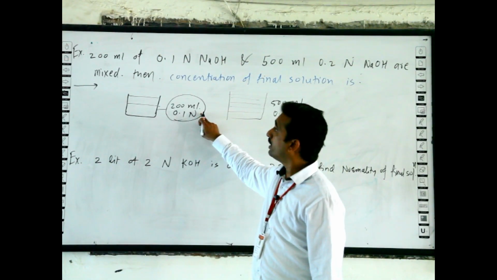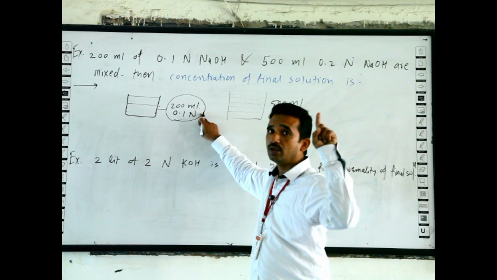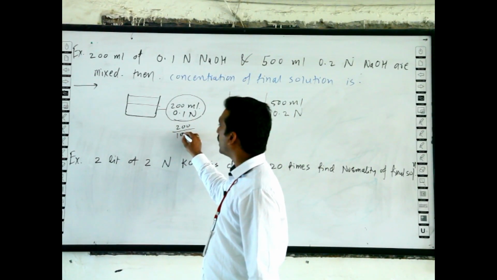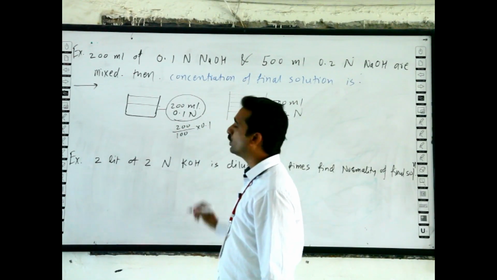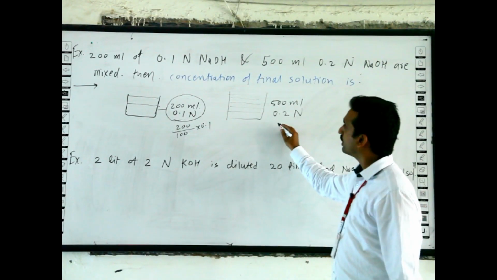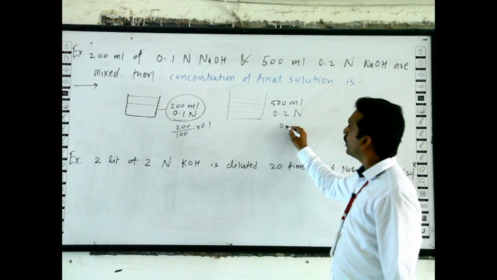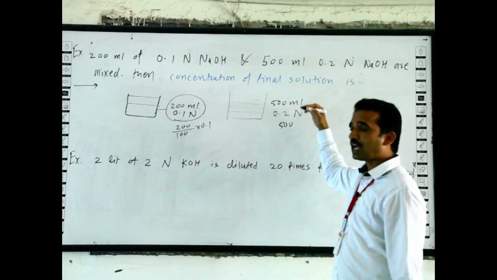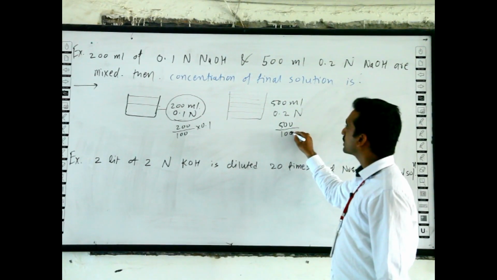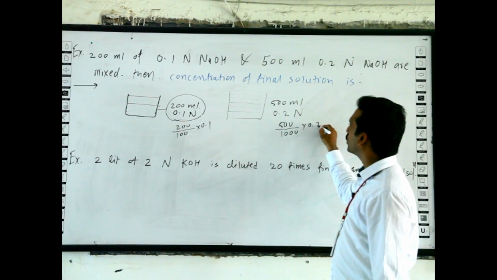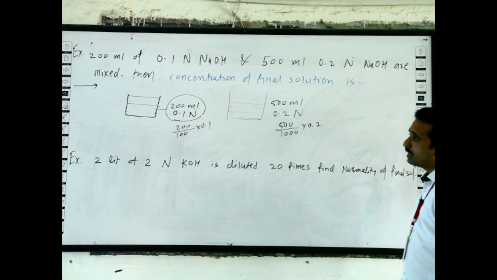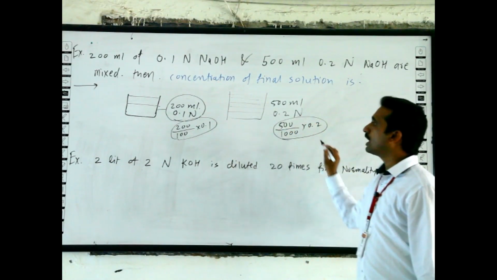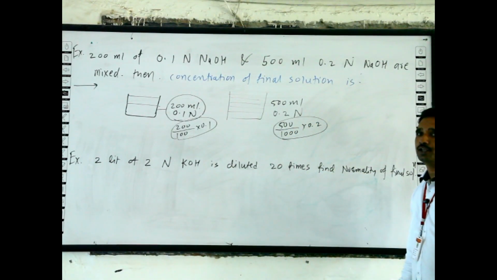Here 0.1 gram equivalent is present in 1 liter. So for 200 ml, 200 by 1000 into 0.1, and here 500 ml means half liter, 500 by 1000 into 0.2. These are the numbers of gram equivalents present in it.